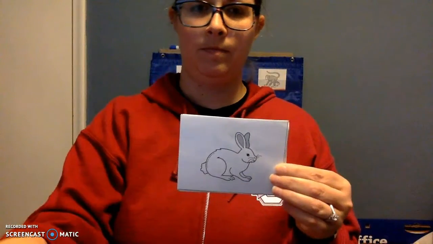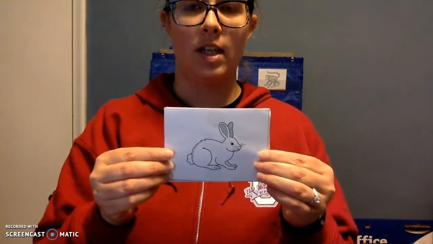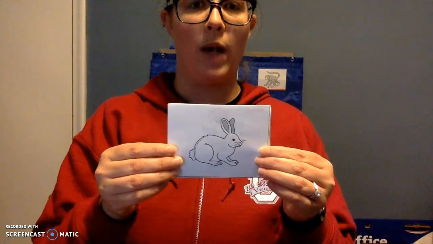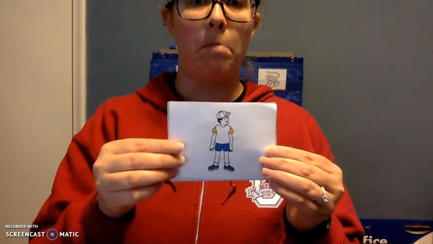So I'm going to go through these again. So we have the word house. So think in your mind, does that sound like one part or two? Apple. Does that sound like one part or two? I have the word rabbit or bunny. So let's think and say it to ourselves. Rabbit. I have the word candle. Think again. One part or two? Boy.